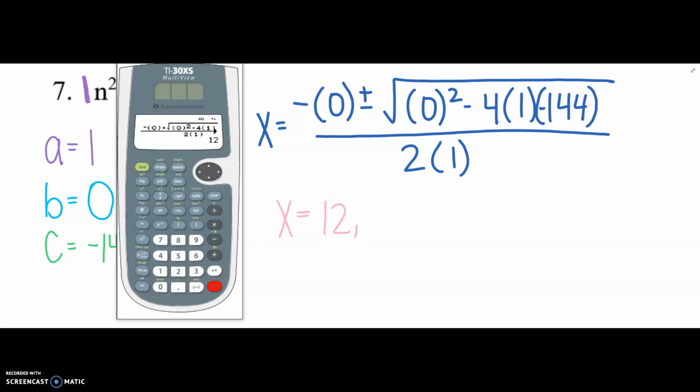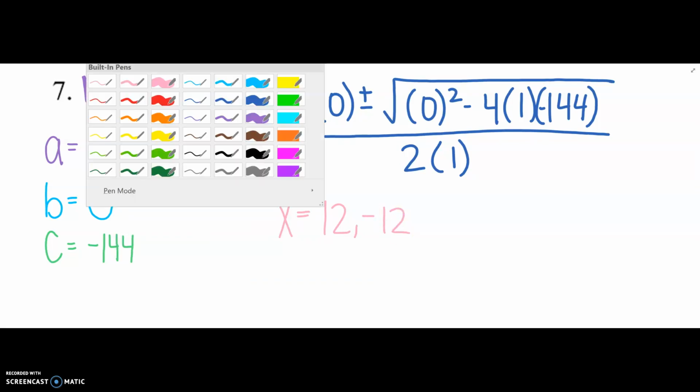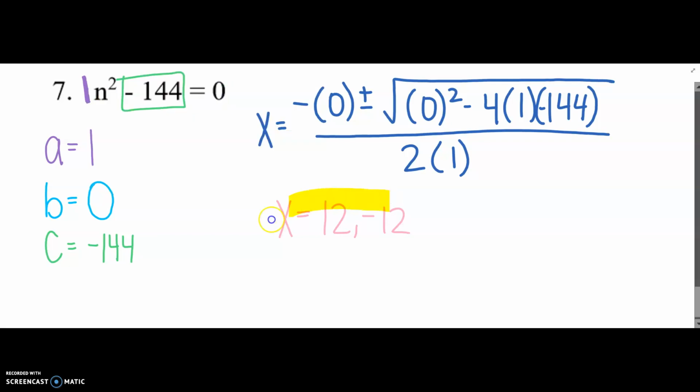And you're going to run it again, scroll up and click on your problem, go back to the beginning, and run it again with a minus sign instead of a plus sign. Press enter, and it gives you negative 12. Yes, it probably would have been quicker to solve this a different way, but today we're doing the quadratic formula, so we just need to practice it with every problem.